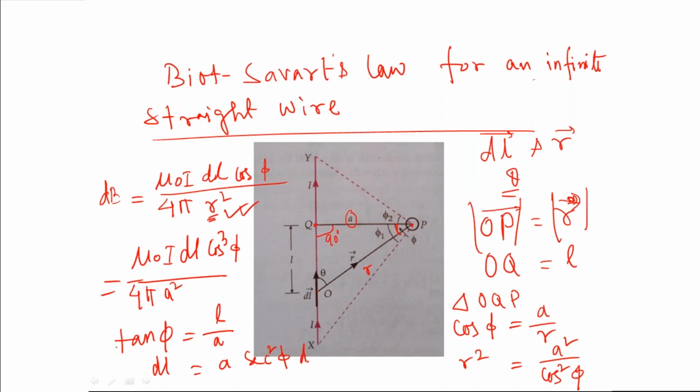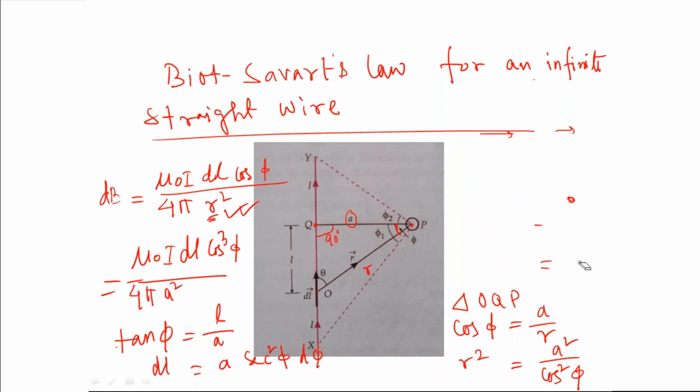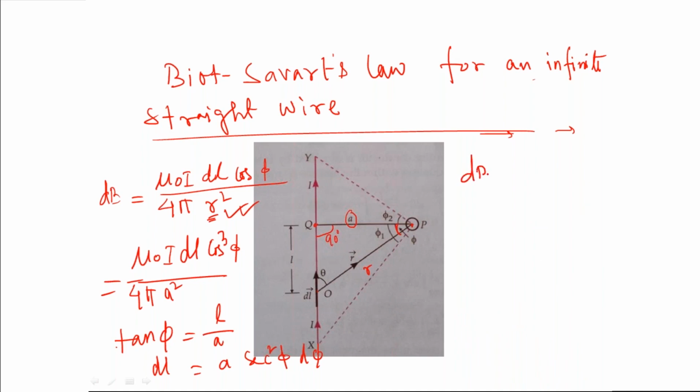Okay, so I'll just remove this right hand part. Now I'll put the value of dl also. Let me tell you, this is mu 0 I, and then dl will be sec square phi, and here cos cube phi, divided by 4 pi a square.